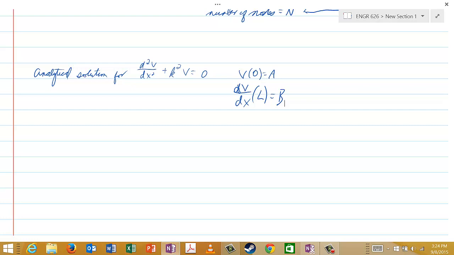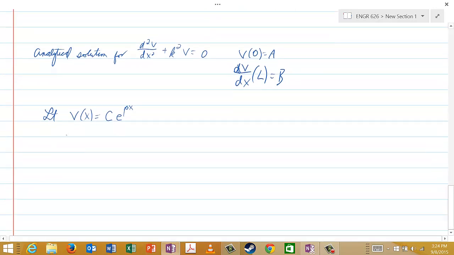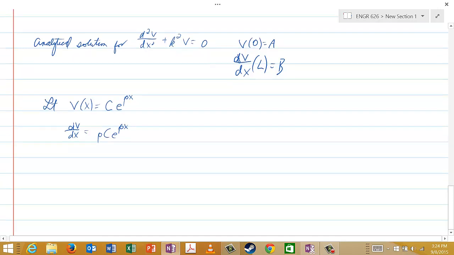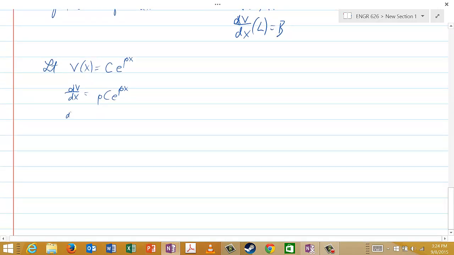Well, again, as we did in class, we can let v of x equals C e to the px, and so then dv dx would be p C e to the px, and d squared v dx squared would be p squared C e to the px.